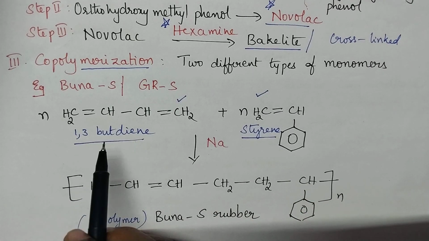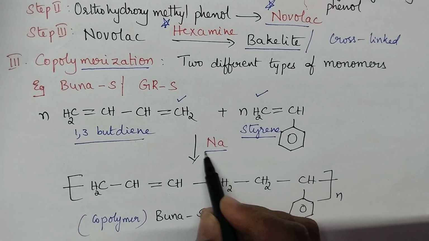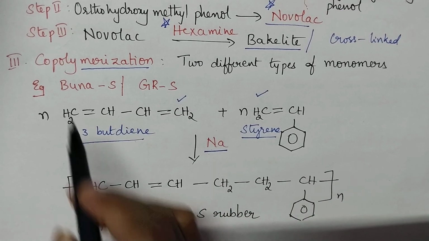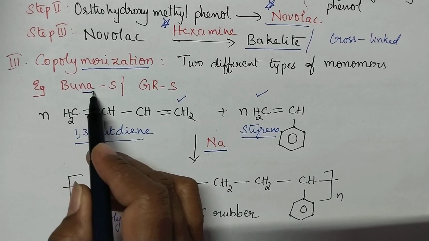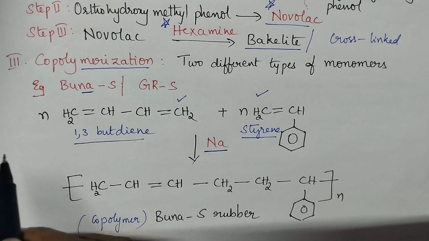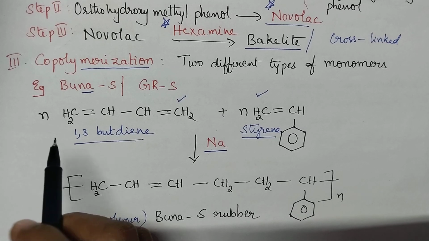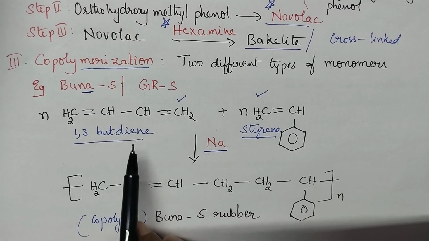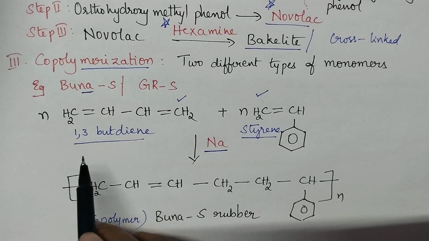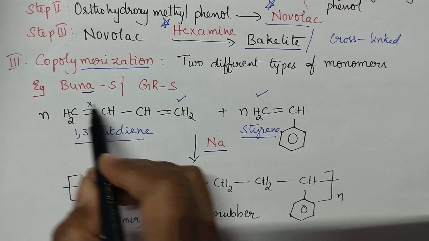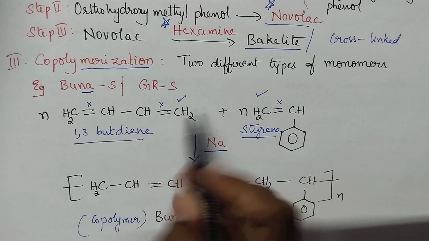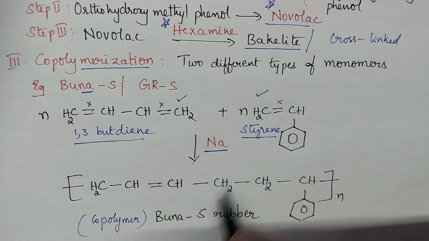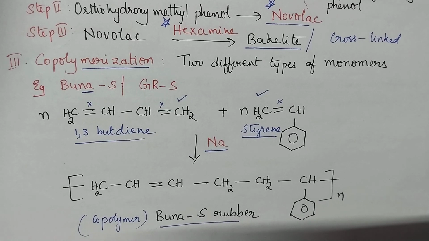Here, the polymerization takes place in the presence of sodium as the catalyst. So, in Buna S rubber, Na stands for sodium used as the catalyst. So, coming to the polymerization, initially the double bonds will be broken and it results in the joining of two monomers. Hence, finally, Buna S rubber can be obtained.